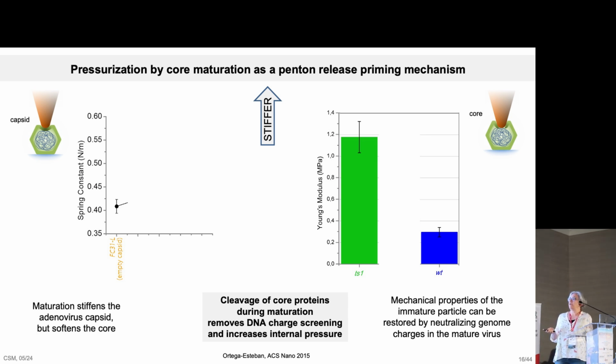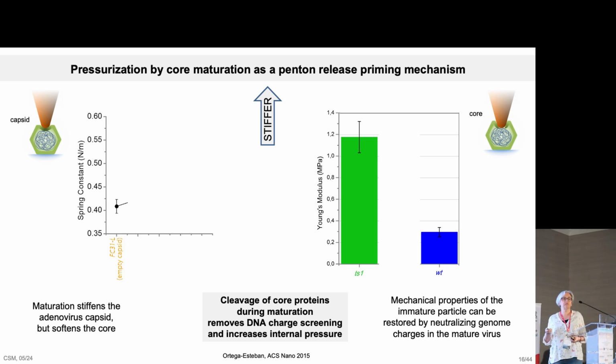And we measured empty capsids, no genome. There's a certain stiffness. Now, immature capsids with the genome inside, they are stiffer. This makes sense because now there's something inside. Now, mature particles, they are even stiffer. So this was suggesting that, yes, there is some internal pressure, and the internal pressure grows during maturation.